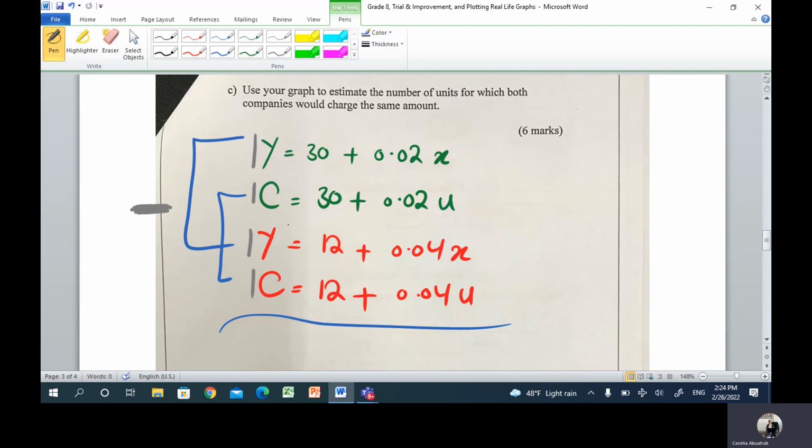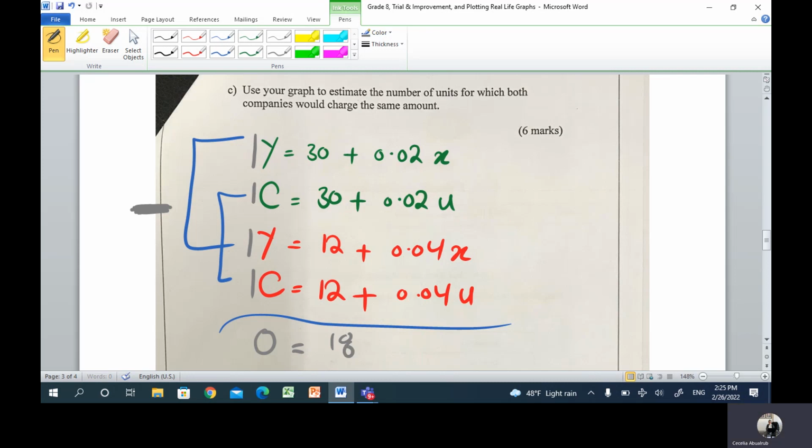So we're going to say here 1y minus 1y, bye-bye, it's 0, equals 30 minus 12, which will be 18.